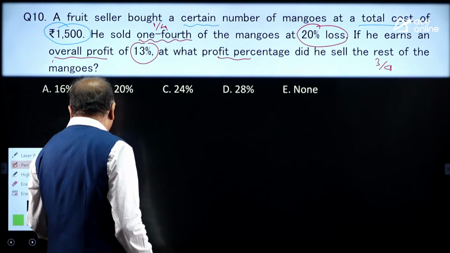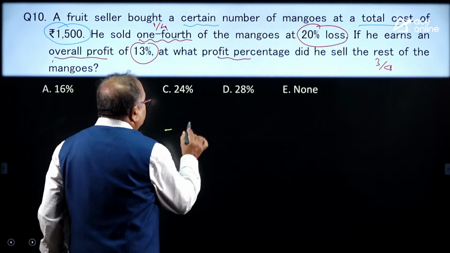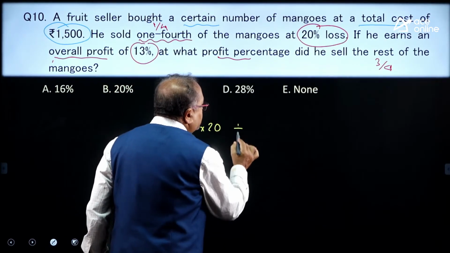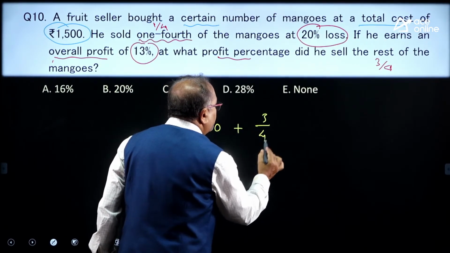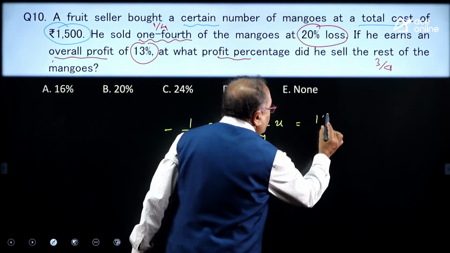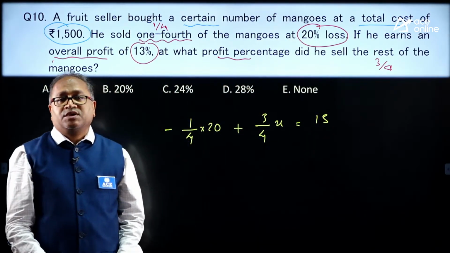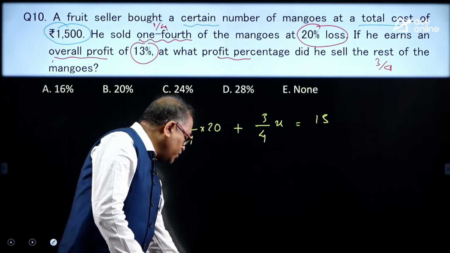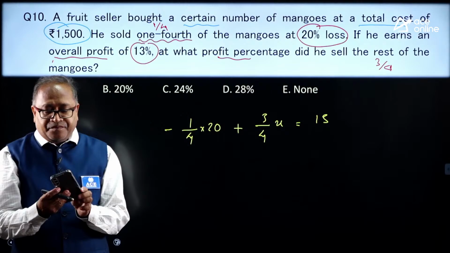So, minus 1/4 of 20 plus 3/4 of x is equal to the overall profit of 13%. I promise that I will give you the best method for this question. Now, you can answer the question, my friend.